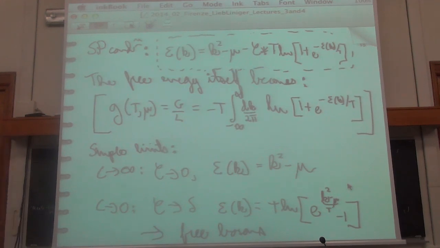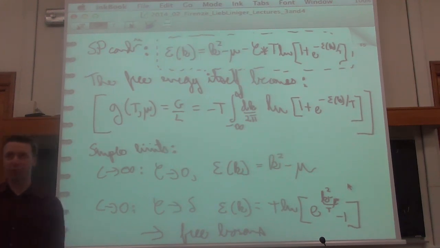Maybe one last comment is that the formalism of the thermodynamic Bethe ansatz is, for all practical purposes, identical for all integrable models that we know. You do it the same way, it's just that you might have to glorify it in particular ways. Here we had only one type of rapidity, if you want.